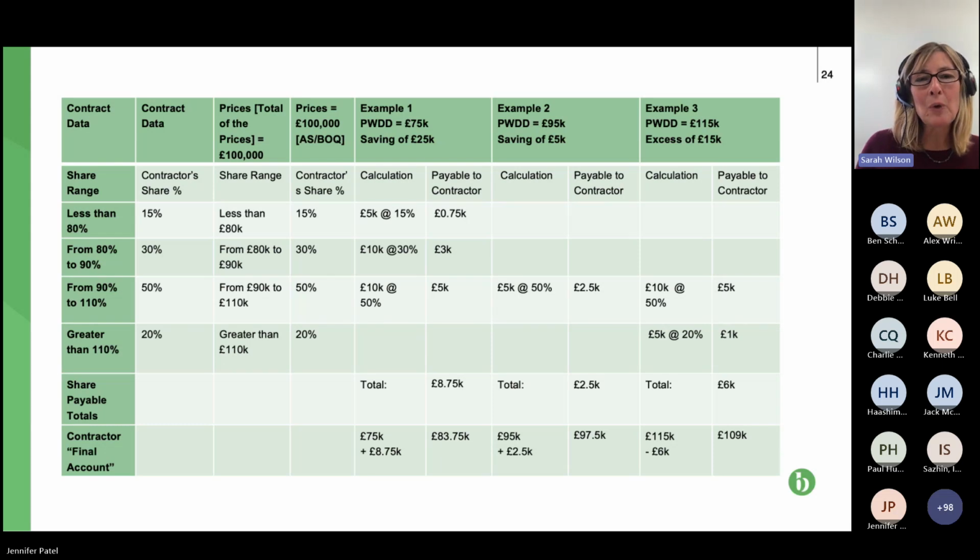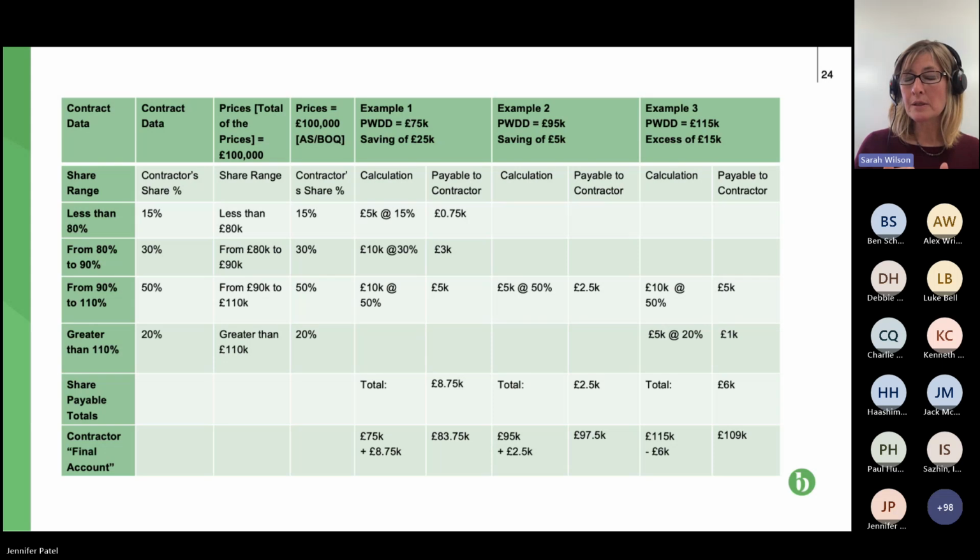So our example one, we've got our target price of 100,000, the price for work done to date. So this is the completion cost, the amount the contractor has been paid through the project, is 75k. Happy days for everyone because the price has come in under the target.